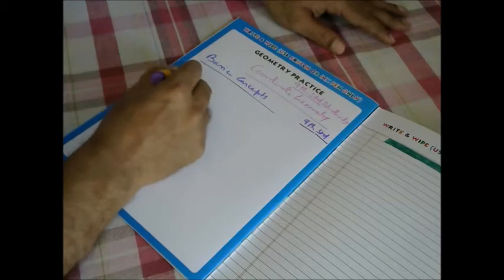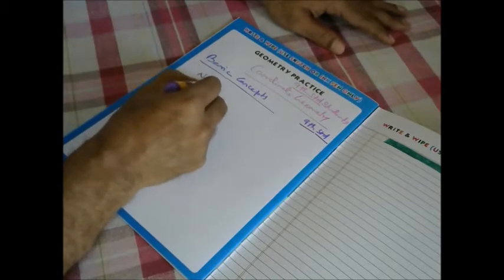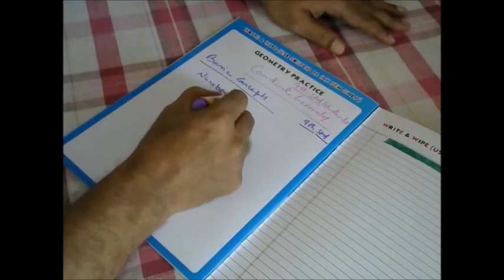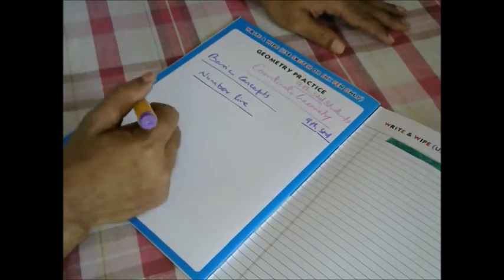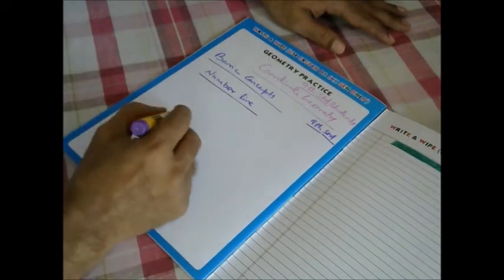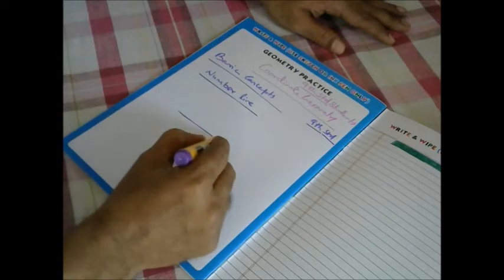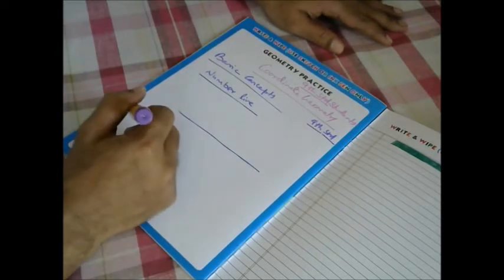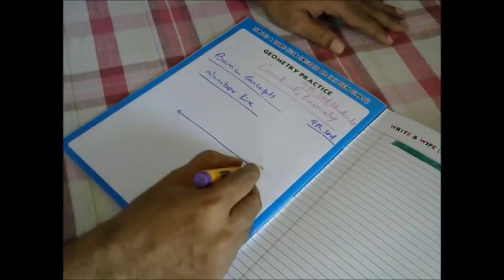I know that our students have already studied the number line. In that number line, they have drawn a line which extends on both sides.